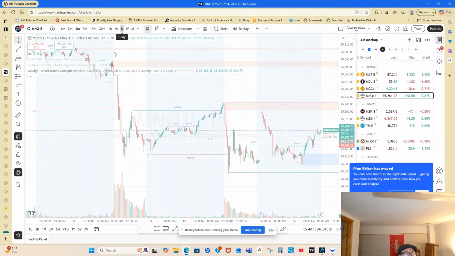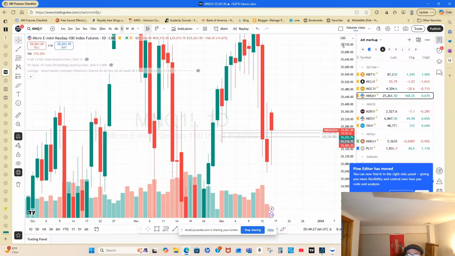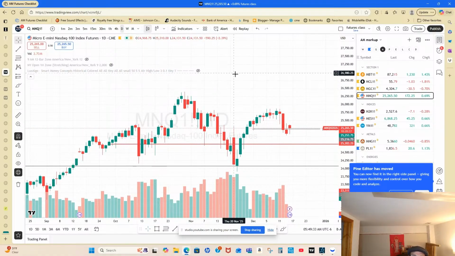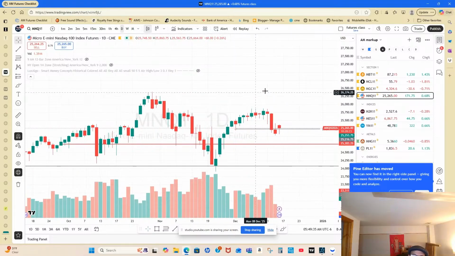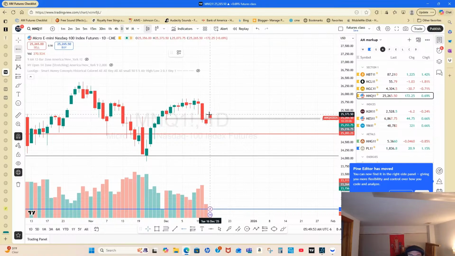I don't want that. I'm going to take this indicator off because although I use it, I want to see my own drawings first and then see what it says. So if I'm looking at this from daily, what I'm going to do first is make some levels.